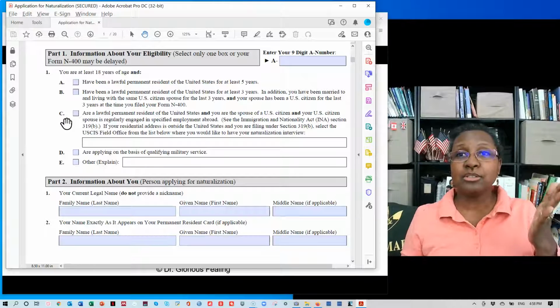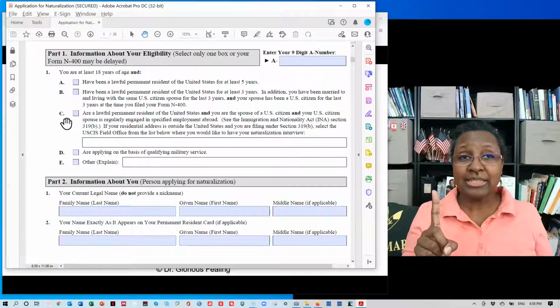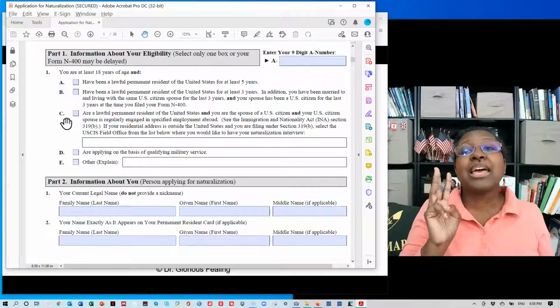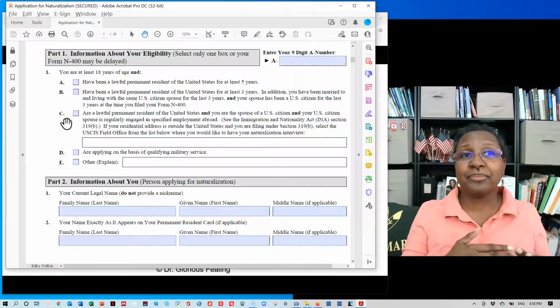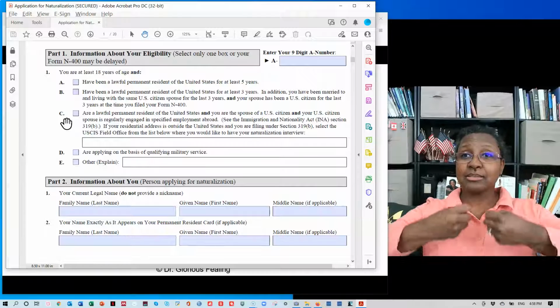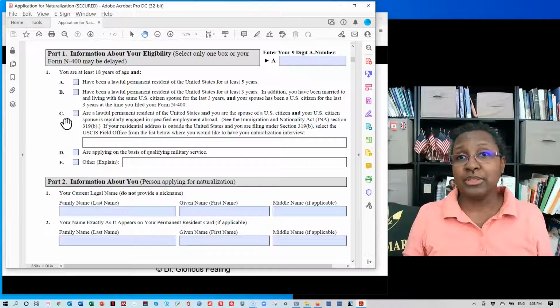You're 18 years old and you are lawfully in the United States. You've been married to a citizen and that person is working somewhere outside of the United States. So that could be another reason the person at the door says, yes, come in. You are eligible.